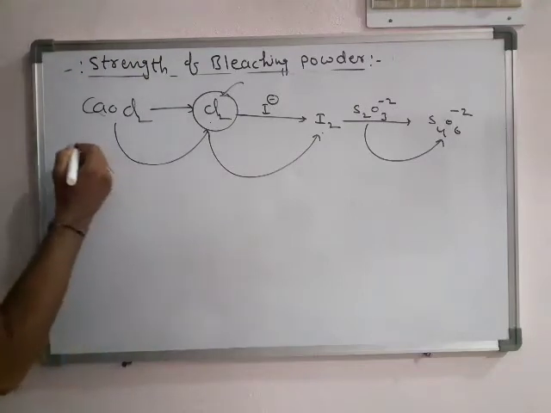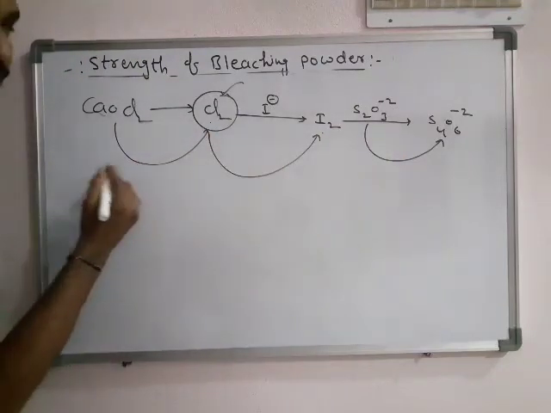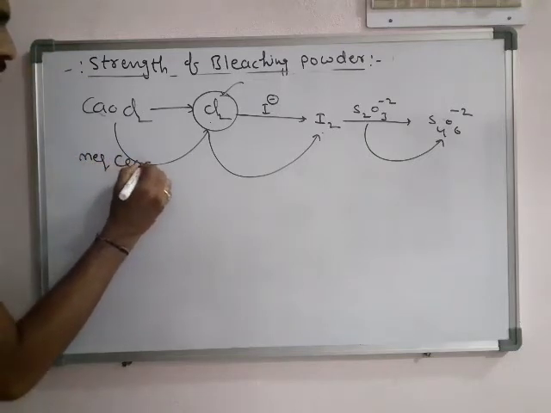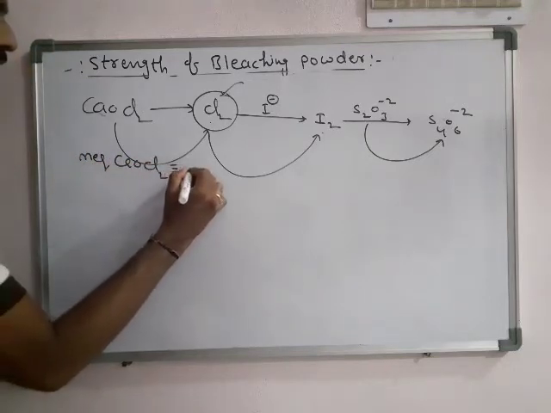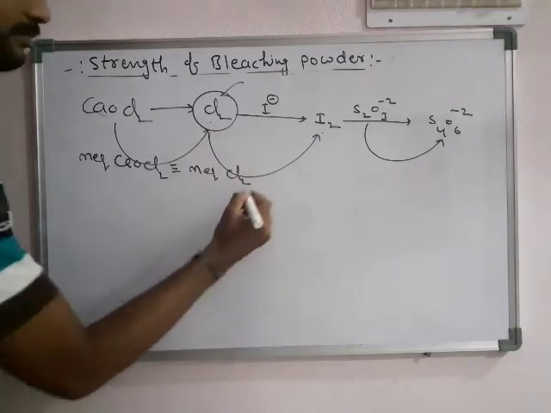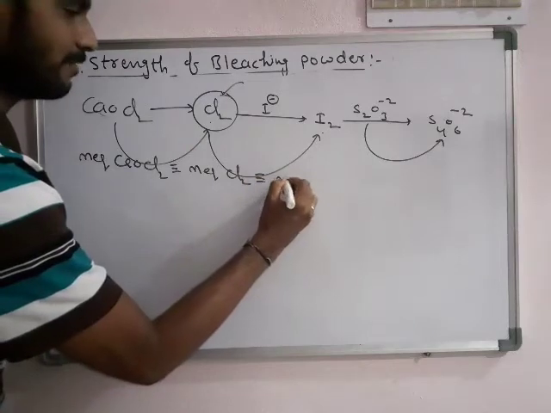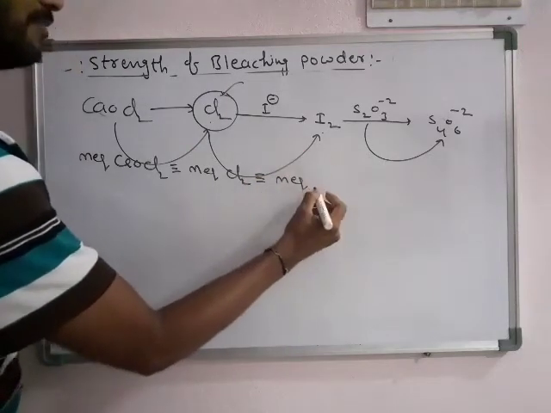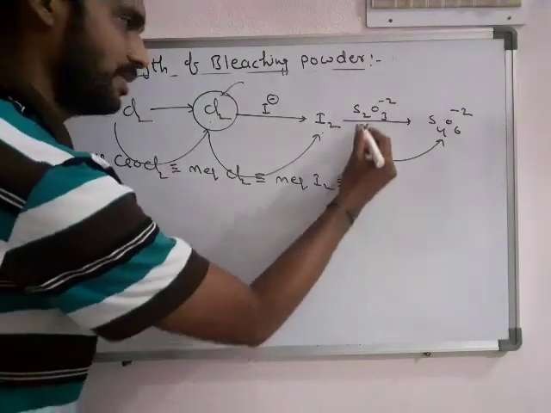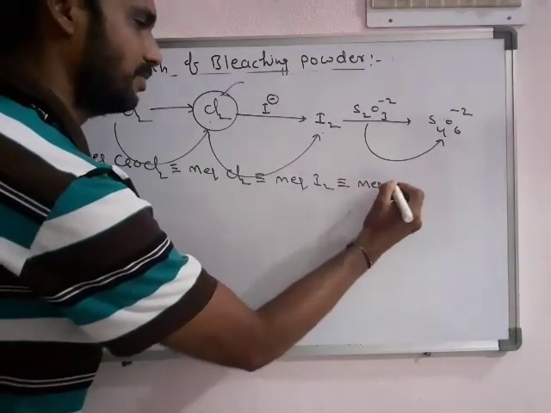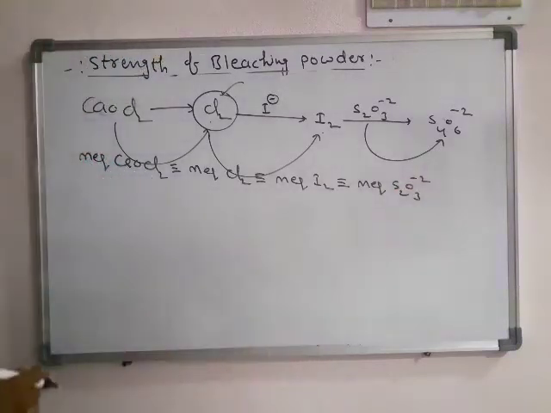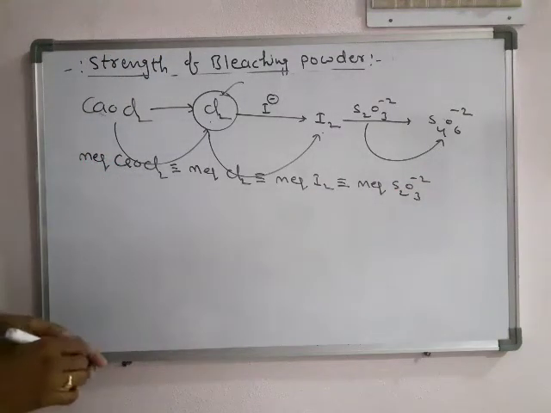Based on all these reactions we can write: milliequivalents of bleaching powder is exactly equal to milliequivalents of this chlorine, which is exactly equal to milliequivalents of iodine, which is exactly equal to milliequivalents of S2O3 minus 2 thiosulfate ion.